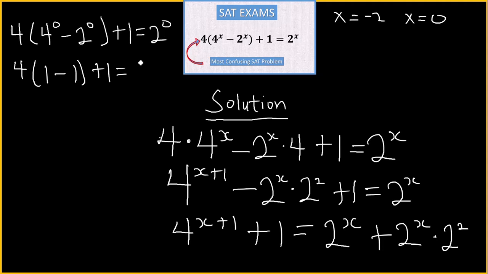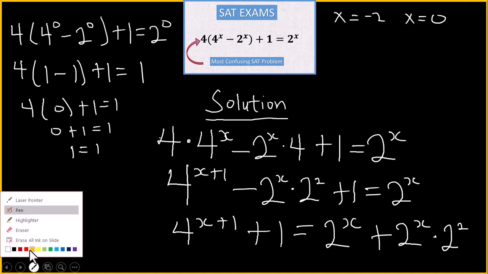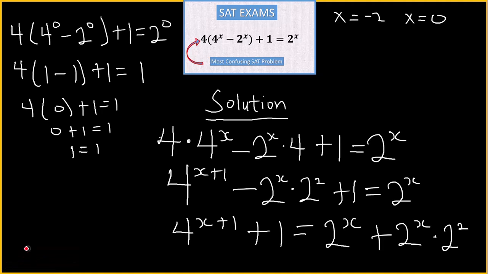That's 4 by 1 minus 1, that's 0, plus 1 equals 1. And 4 by 0 is 0, plus 1 equals 1, and 1 is equal to 1. So x equals 0 is a solution, and that is right.